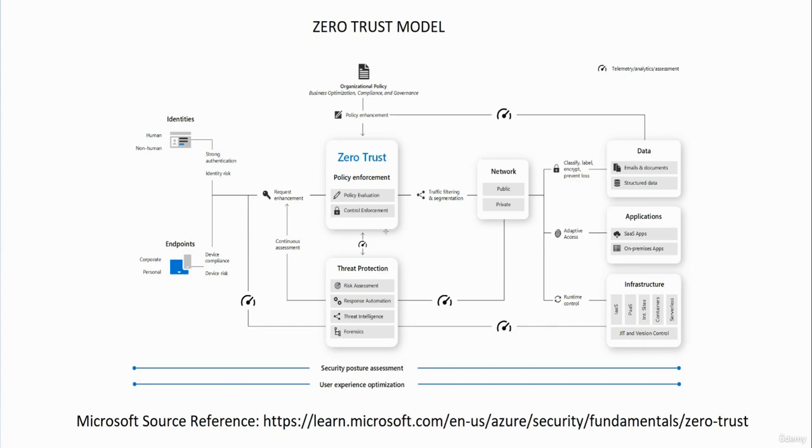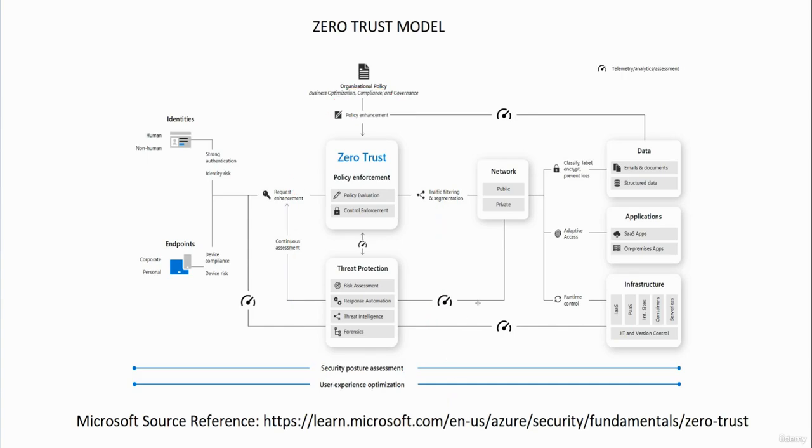Okay. A company can also draft an organizational policy where they have a document that outlines what their goals are, and then from there you can create that based on the compliance policy and conditional access policy.